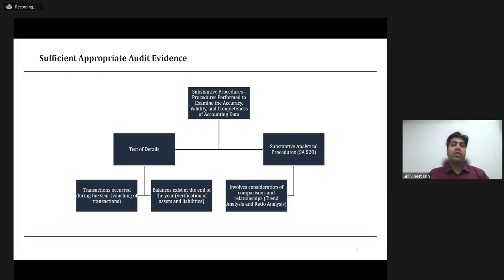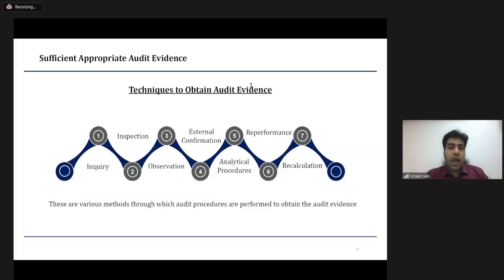So this was about the audit procedures, briefly, which are required to be performed while gathering sufficient and appropriate audit evidence. But apart from the procedures, there are a lot of techniques involved to obtain audit evidence.